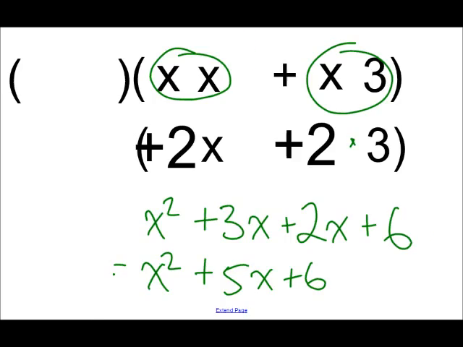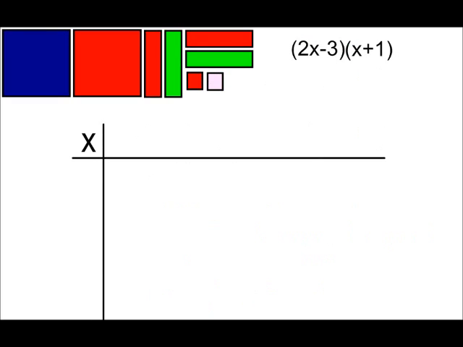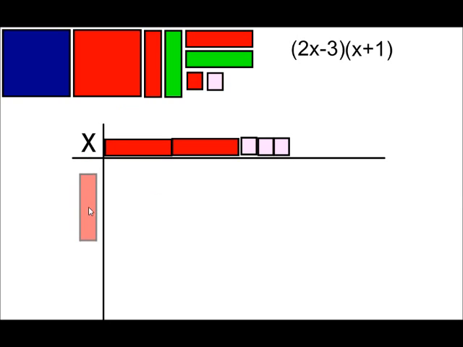Okay? So let's just go through one more example. Okay? So first, again, let's go with the algebra tiles. Okay, so the length is 2x minus 3. Okay, and the width is x plus 1. Okay, so this big space here, x by x, is x squared.